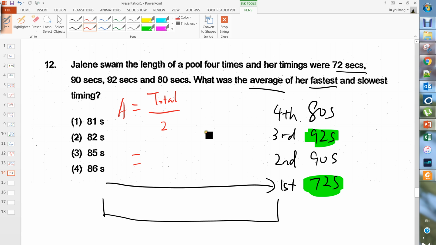Fastest is? 72 seconds. Slowest is? 92. Do you need to add one more? That's how you get average. I'm waiting for the answer.